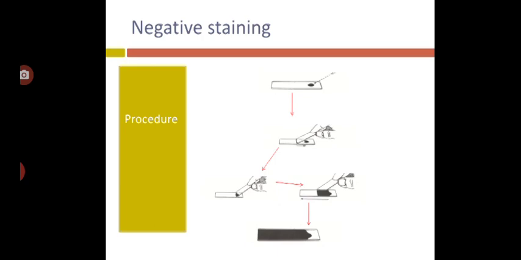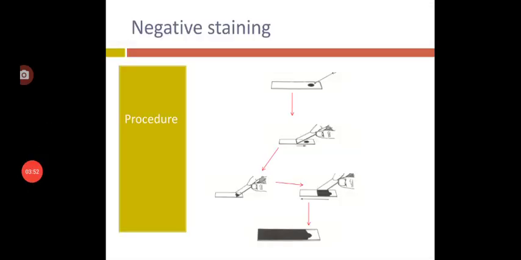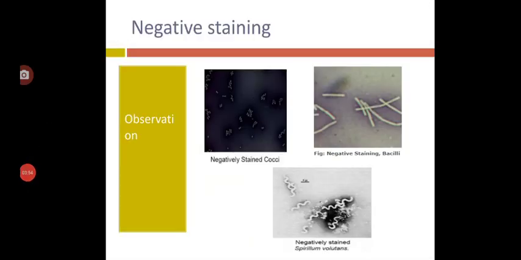When observing under the microscope, place one drop of oil immersion on the smear once the smear is fully dried, and then observe under the microscope. What you observe here is the bacteria seen against a dark background.